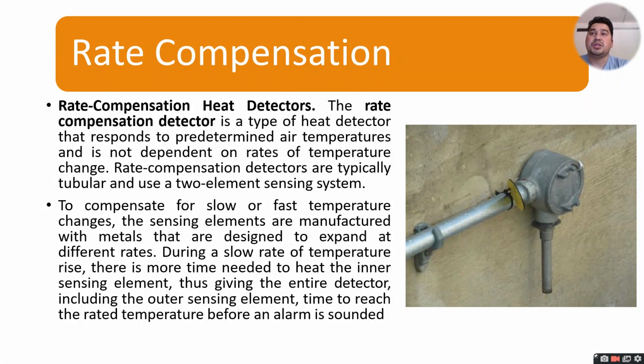So rate compensation heat detectors work on the parameter of air temperature, not the varying temperature. So, predetermined air temperature. Whenever the air temperature reaches that level, rate compensation heat detectors will activate.